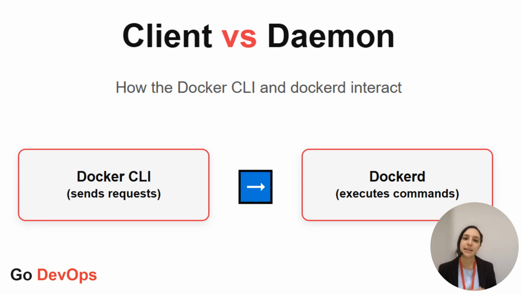It just sends API requests to the daemon, and it's usually done over a Unix socket or over TCP. And the daemon receives those requests and handles everything from pulling images, creating containers, attaching networks, and more.